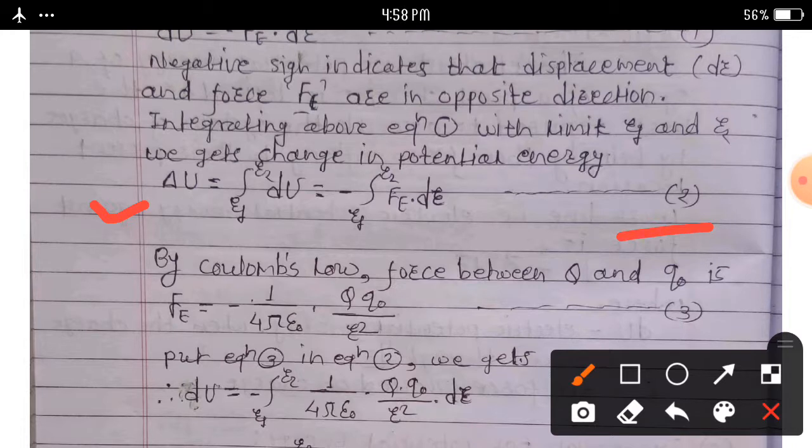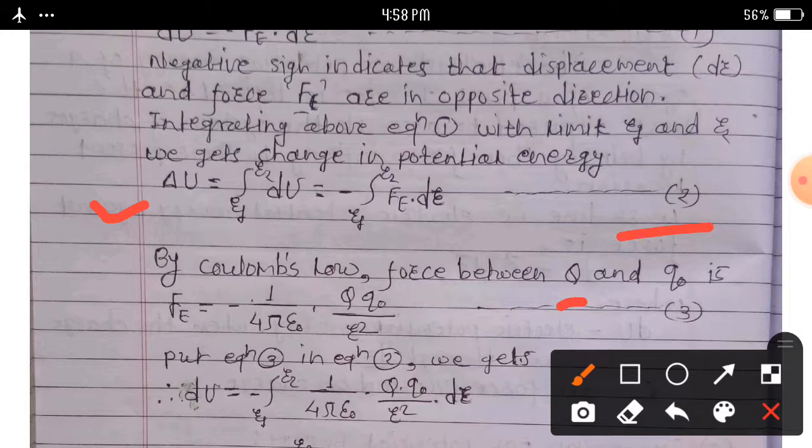By Coulomb's law, the force between q and q0 is electrostatic.